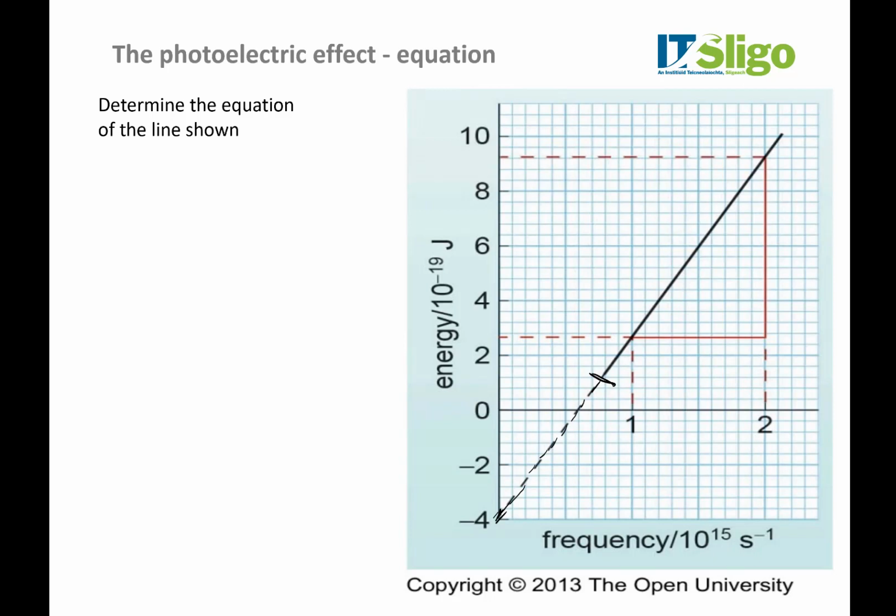That means extend the line beyond the domain and range of your original experiment. So we've worked out the slope. C, where's the y-intercept? It's at minus 4, but minus 4 by 10 to the minus 19.